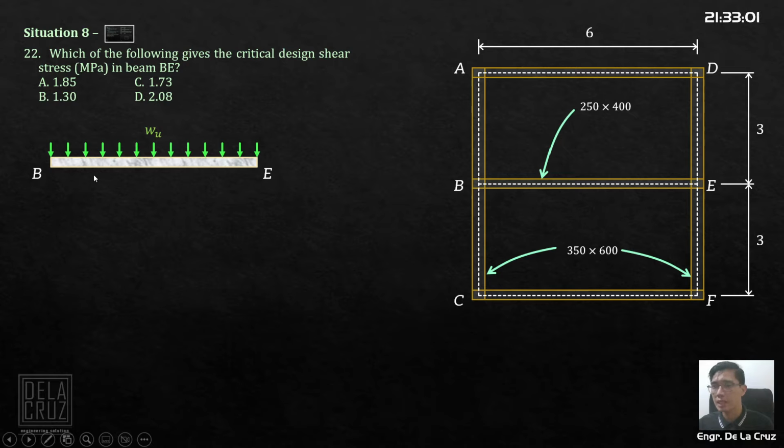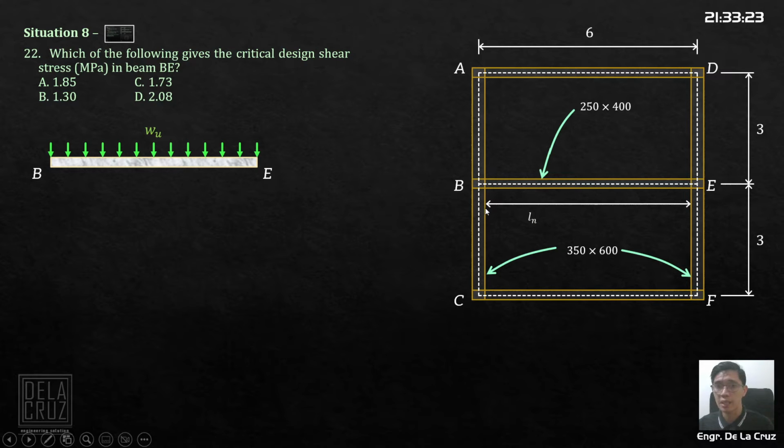The length of the beam that we will use is the clear length from the face of the support. These are the girders; the girders are our supports. Let's call it Ln. The 6 meters is center to center of the girders.